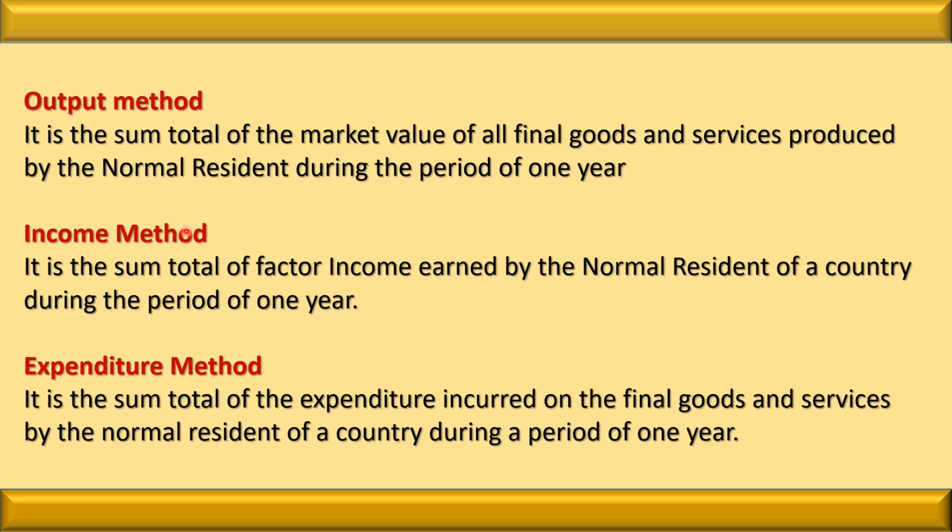In the income method, national income is calculated on the basis of factor income earned by the normal resident. And on the basis of the expenditure method, national income is calculated on the basis of expenditure incurred on final goods and services by the normal resident. So here we have seen how to calculate the national income according to the output method, income method and expenditure method.